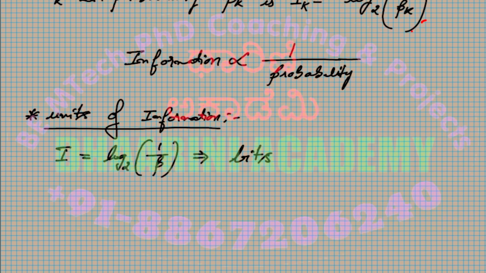Okay, because it is base 2. But let's say I'm not using base 2. Instead of that, I use log to the base 10 of 1 by probability. This is also valid, but the measurement is not going to happen in terms of bits. It's going to happen in terms of decits, because it is base 10. Decits are also called Hartleys.